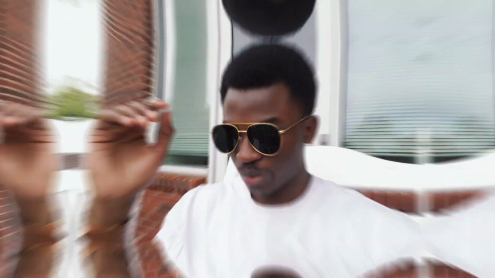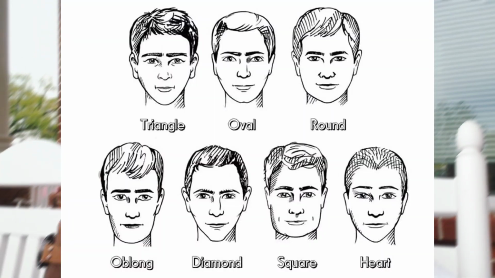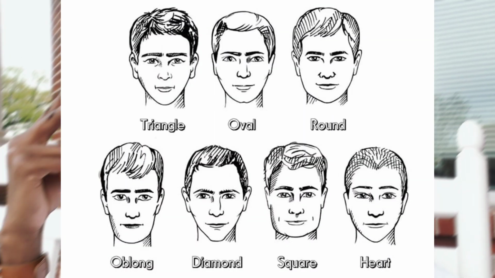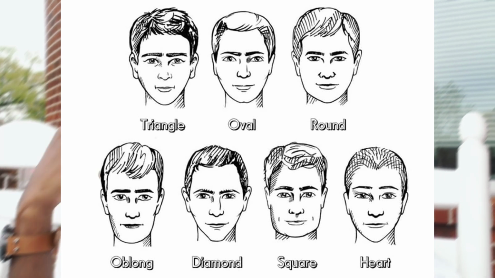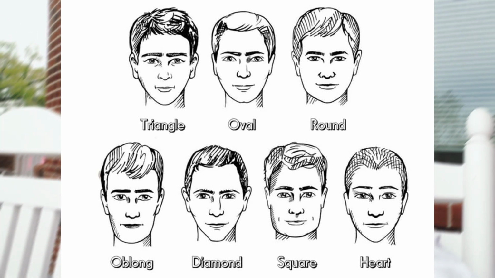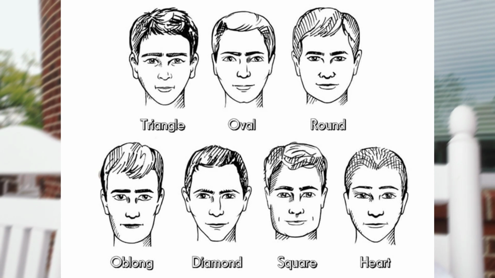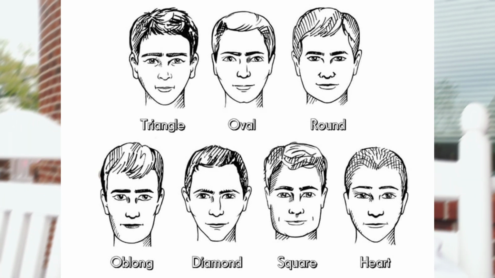And I'll tell you the different kinds of face shapes that there are and how to find your own face shape. The different kinds of face shapes we have are round, square, oval, diamond, triangle, oblong, heart, and pear. Those are the 8 types of face shapes that we have.